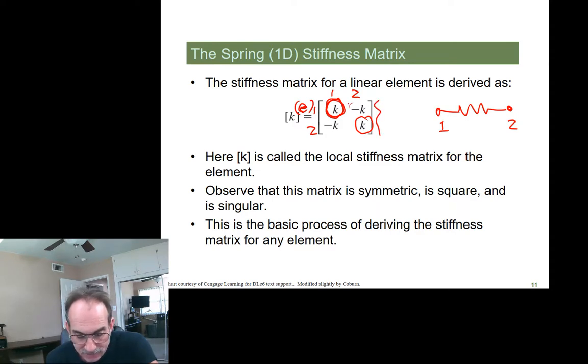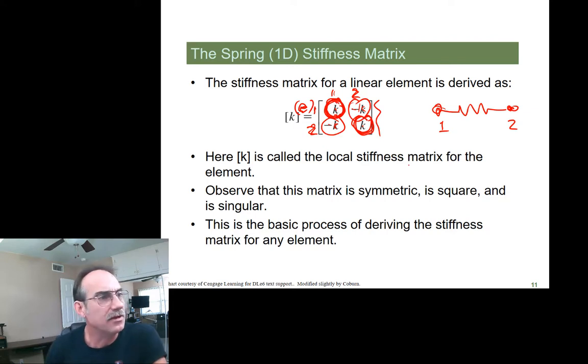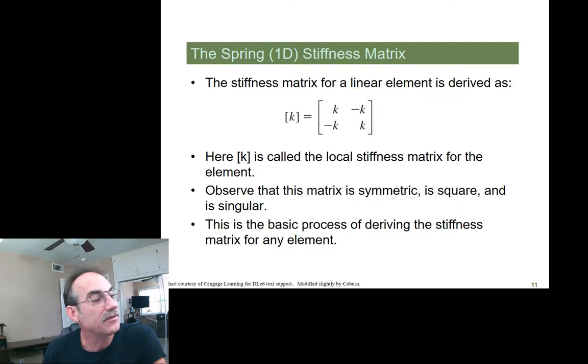So we're going to put the spring constant here and here, because that spring constant has a direct effect on each of these nodes, and it has a negative effect on these other nodes. So we're going to populate this matrix 1, 2, 1, 2, and we're just going to put our k. Here is positive, here is negative. You see that? If you aren't totally clear, that's okay, because we're going to keep doing this.